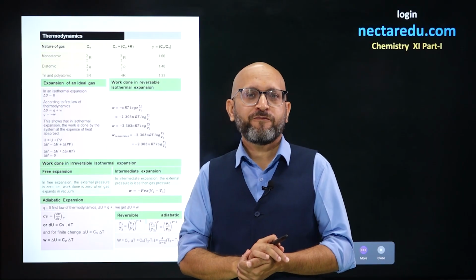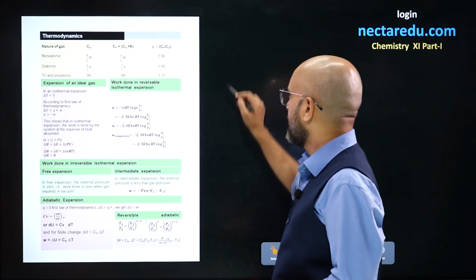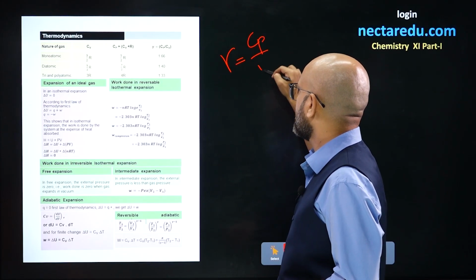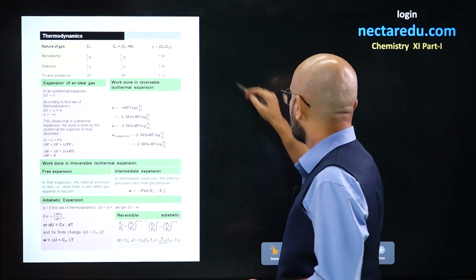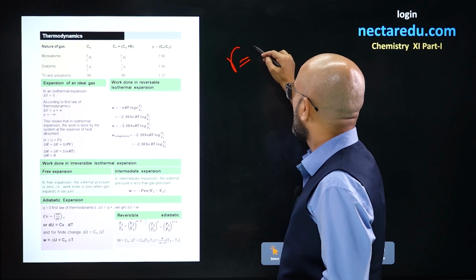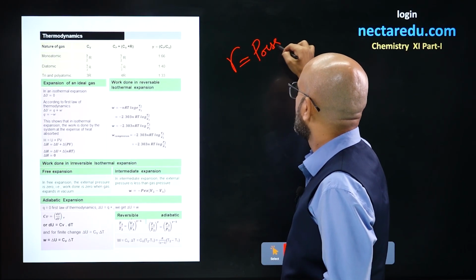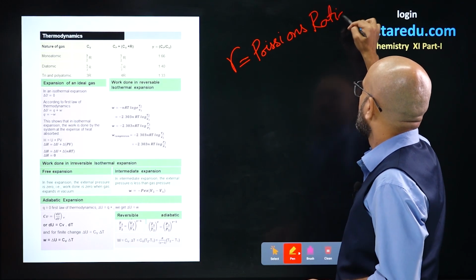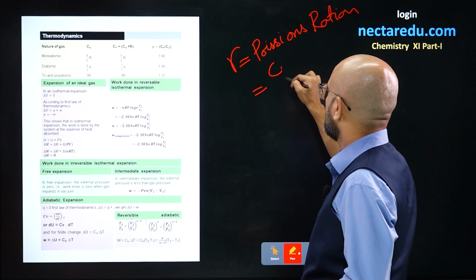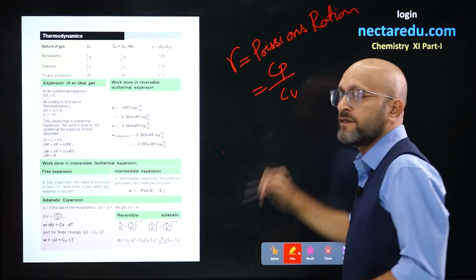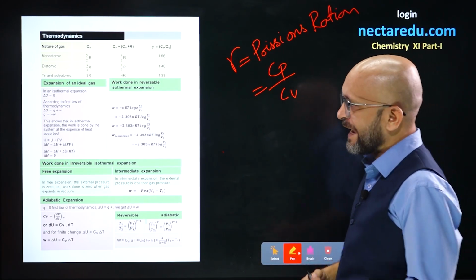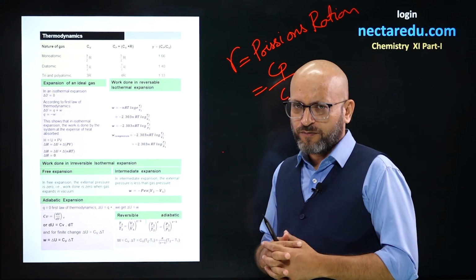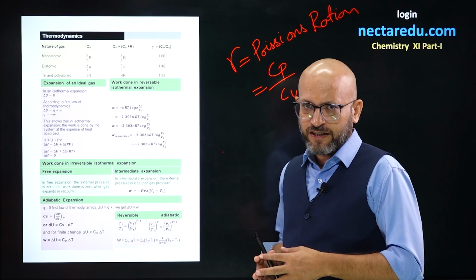Now we have Poisson's ratio gamma. Poisson's ratio gamma equals Cp by Cv. Gamma is called Poisson's ratio. For each type of gas, whether monoatomic, diatomic or triatomic, you can calculate Cp by Cv accordingly.